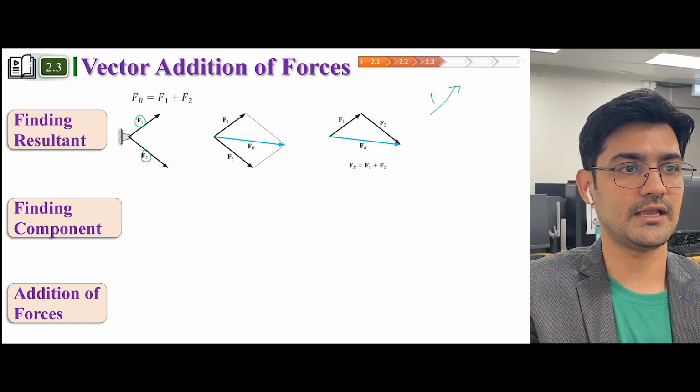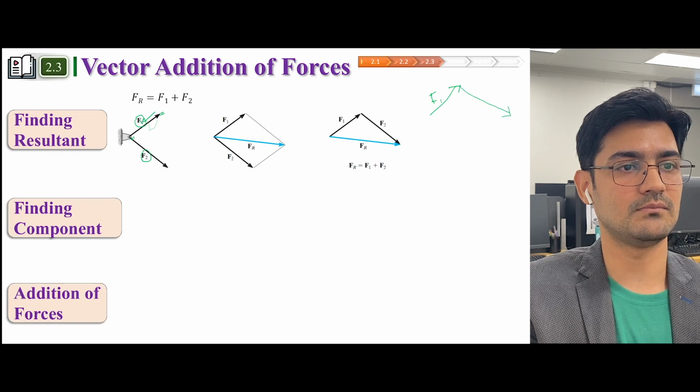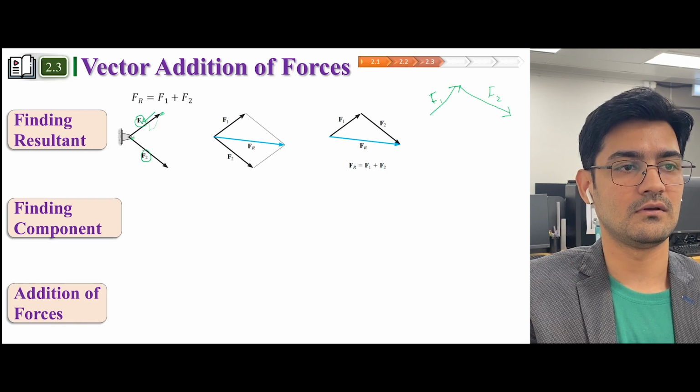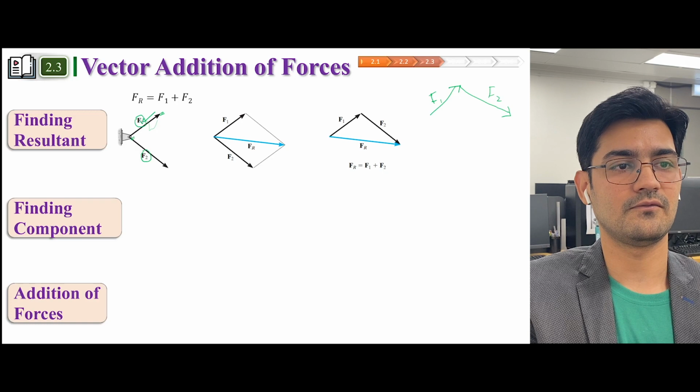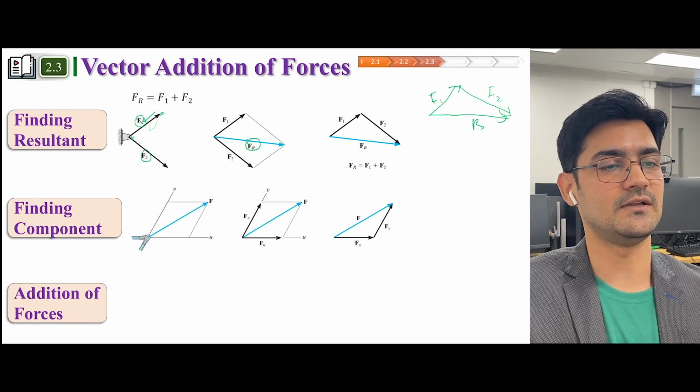So this is force 1, and what I will do is put the tail of force 2 onto the head of force 1. So it would be something like this. So what is the resultant? The resultant is from the tail of F1 to the head of F2, so this is the resultant force, as you can see from here.